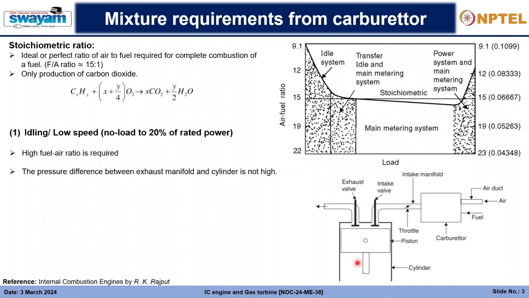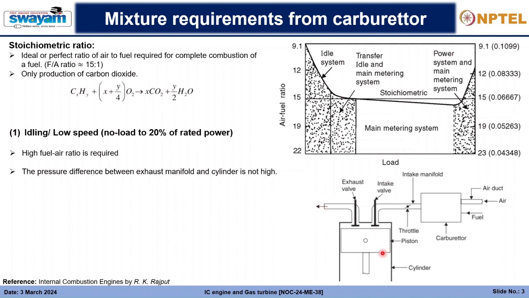But while you're operating at idling or low speed, at the very first stroke itself, you will find that the pressure difference between the exhaust manifold and the cylinder is not high. Why? Because the pressure generated inside the cylinder is not high, and the exhaust is linked to the atmosphere, that is, it is fixed at atmospheric pressure.